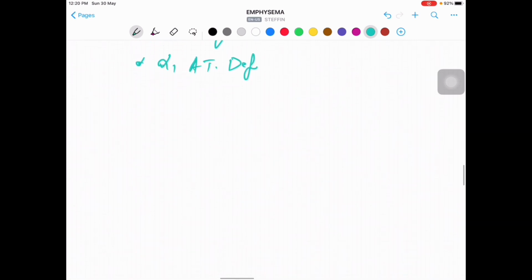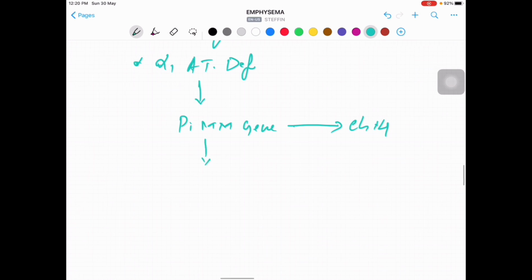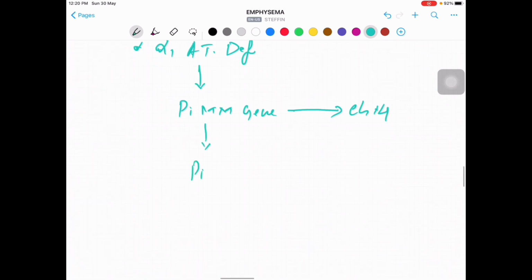This deficiency is caused by a defect in the normal PI gene, which is present on chromosome number 14. The defects can be heterozygous or homozygous. Like PiMZ is a heterozygous gene, and PiZZ is a homozygous gene.